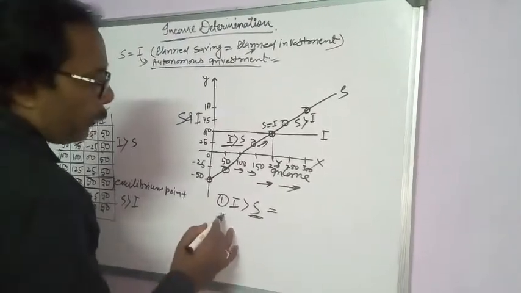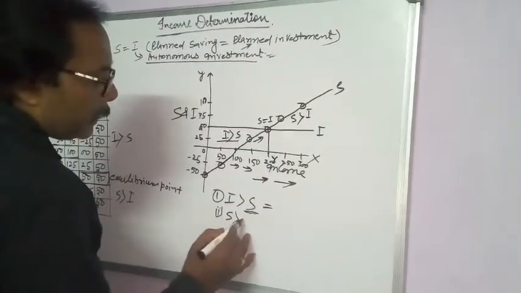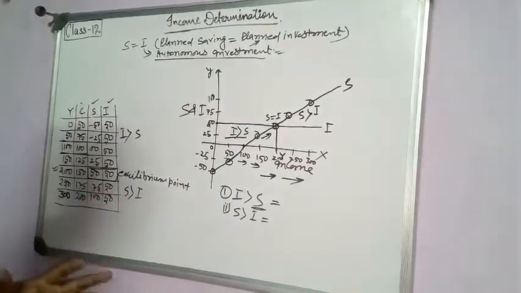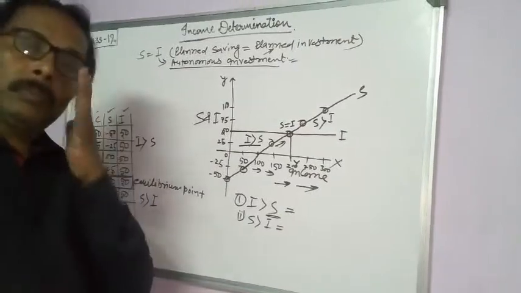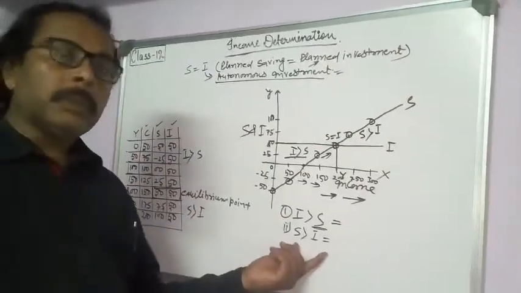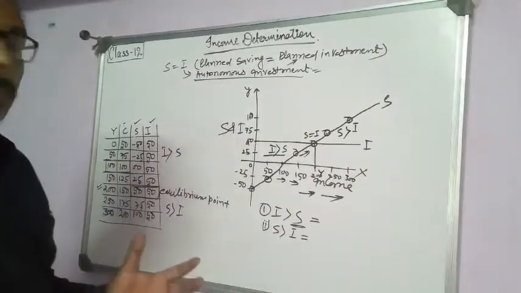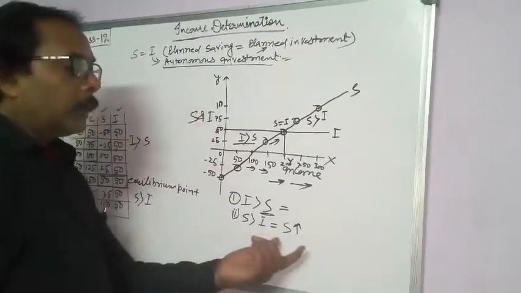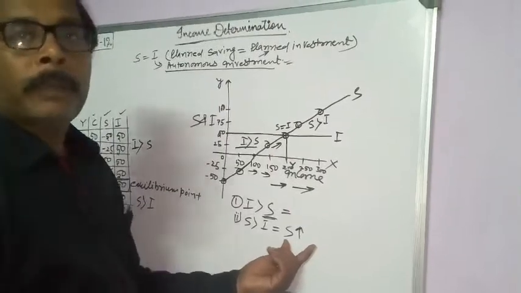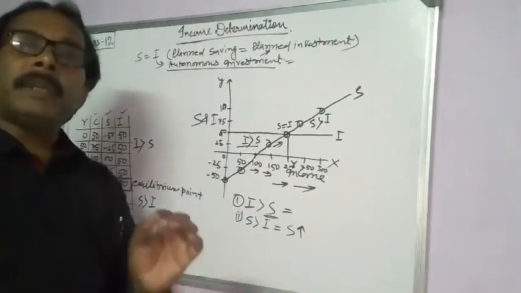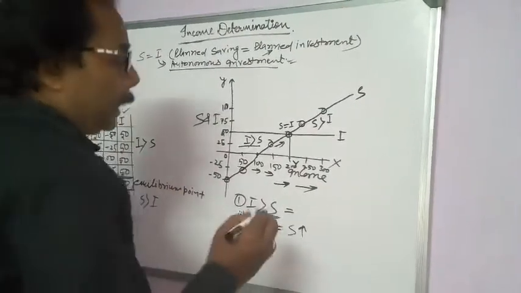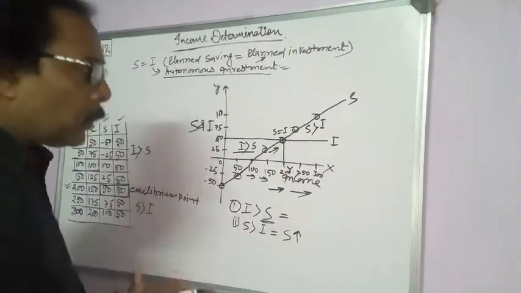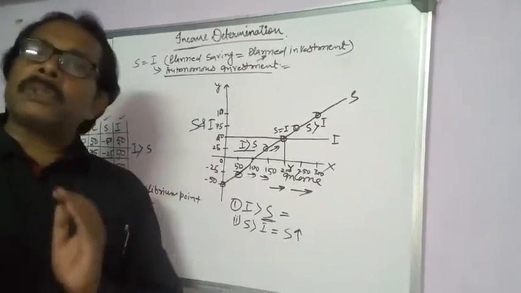But if we find that S is greater than I, it means all the households and firms are not willing to spend their money, and that's why the saving has increased. So it has created the problem of unwanted inventory stock. Unwanted inventory stock can be reduced by producing fewer units.